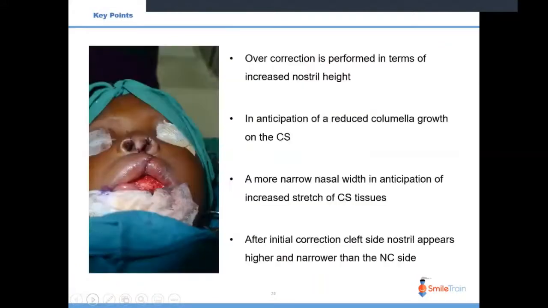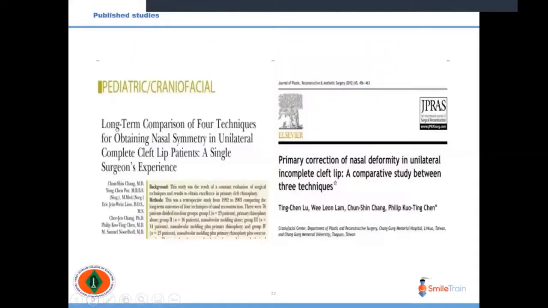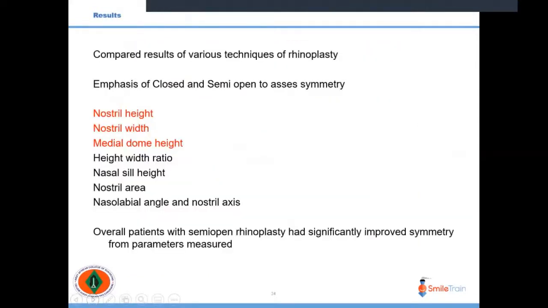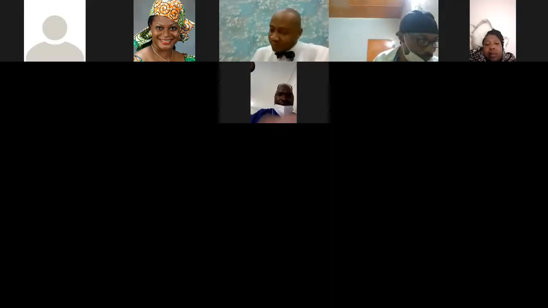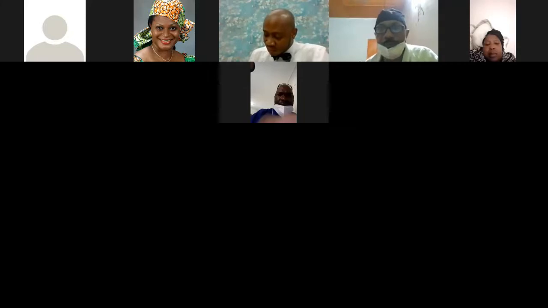Right. Thank you very much. The next set of questions. We'll give you 2, 3 this time, so please pay attention. This one says, is there any role for stents in maintaining nostril height and width post-op? Number 2, what is the disadvantage of early rhinoplasty on the mid-phase growth?